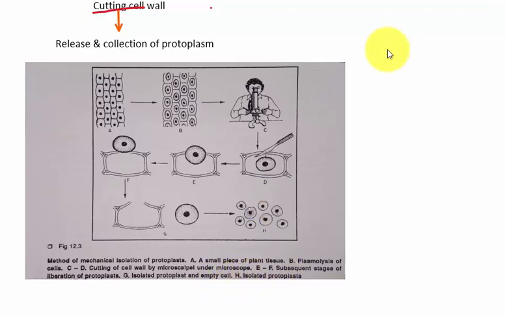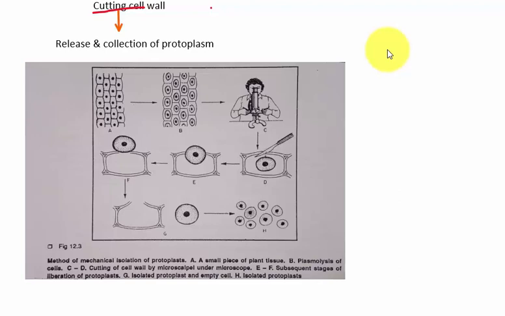If the cell wall is to be removed to isolate the protoplast, the cell or tissue must be placed in a hypotonic solution of a metabolically inert sugar such as mannitol at high concentration.